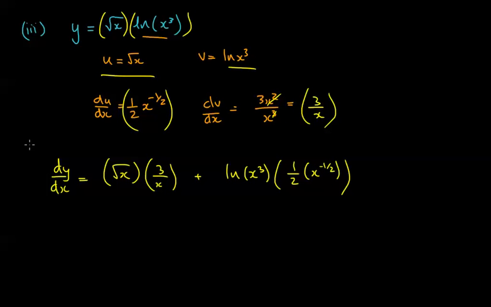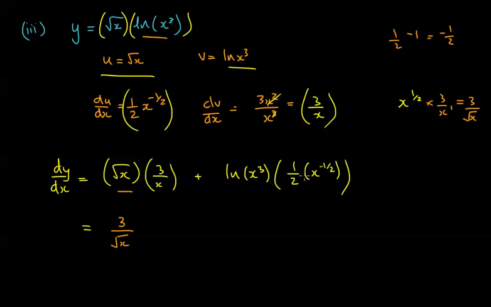Just cleaning this up a little bit. Root x is x to the power of a half on top here. I'm going to multiply by 3 over x to the power 1, so subtract the powers: a half take away 1 is minus a half. So that's basically going to be 3 over root x.